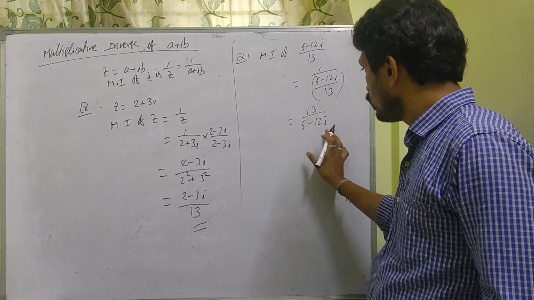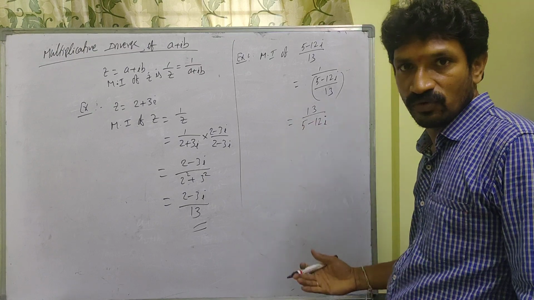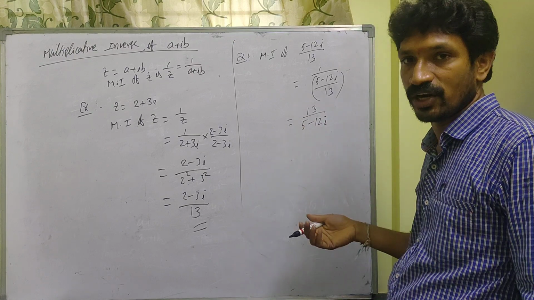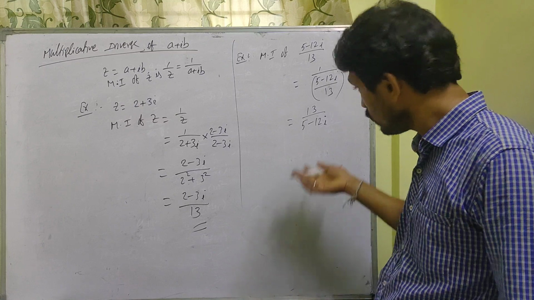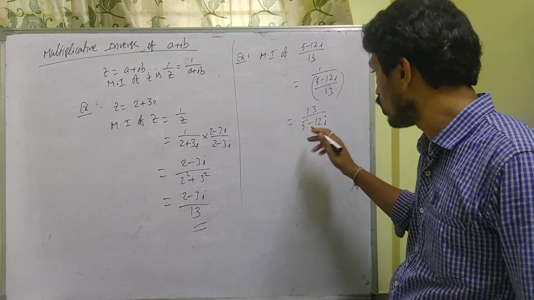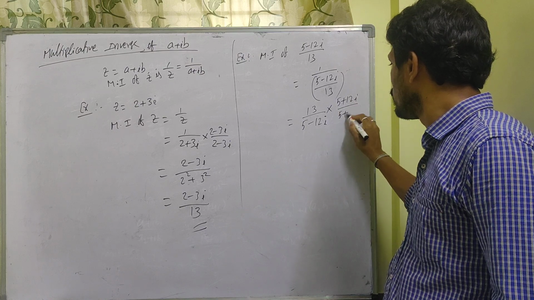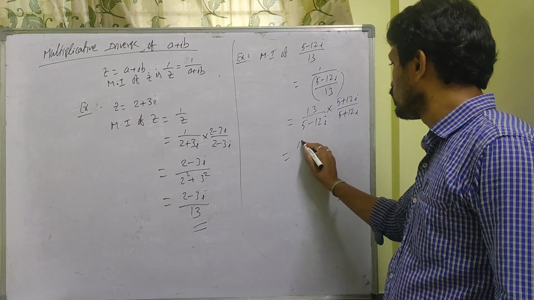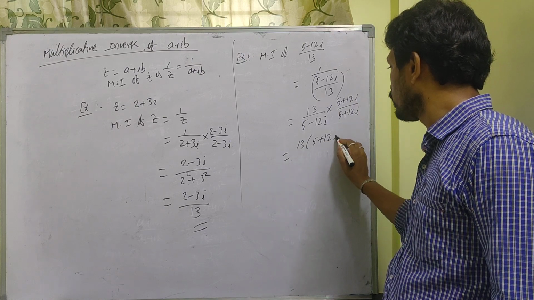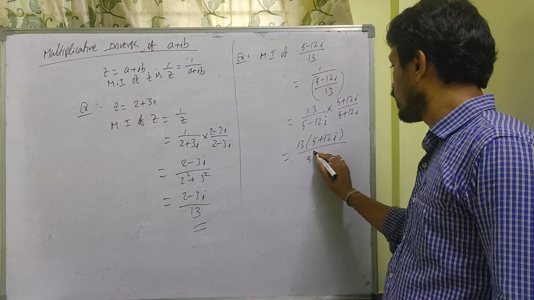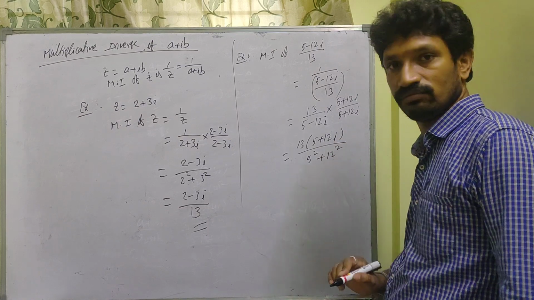Okay. So, don't stop, just simplify. You should not keep a complex number in the denominator, convert it into a real number. So just multiply and divide with its conjugate number, that is (5 plus 12i) by (5 plus 12i). This is 13 into (5 plus 12i) by (5 square plus 12 square).